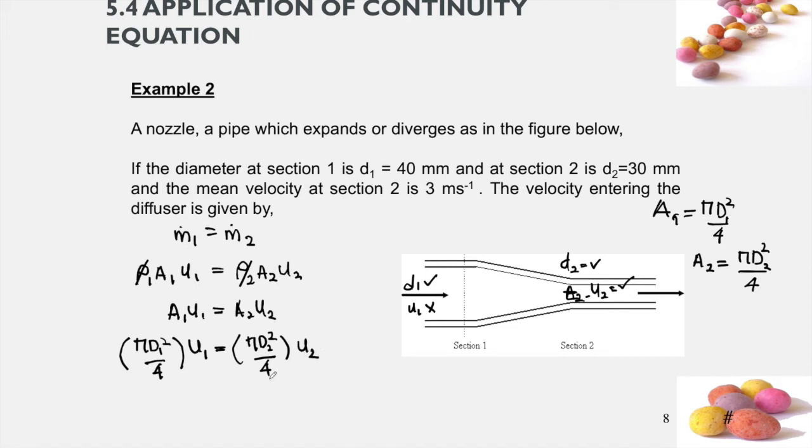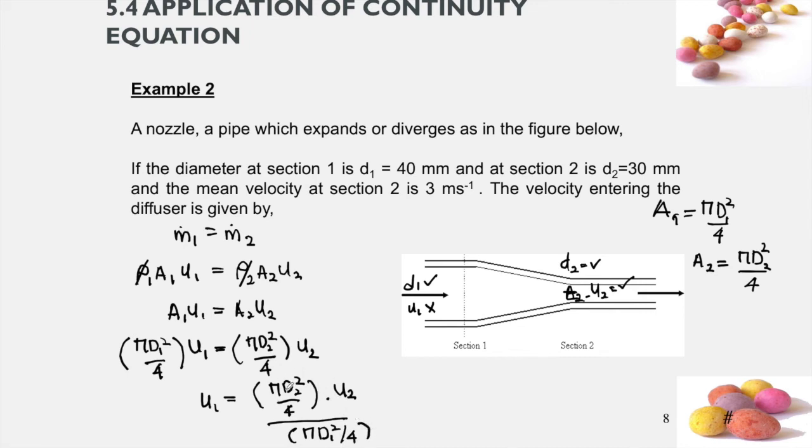Okay, so rearrange this equation. U1 is equal to pi d2 square over 4 times u2, divided by pi d1 square over 4.